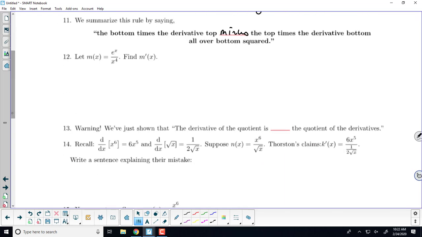All right, let's do this problem. Just like before, we've got an upper function and a lower function. We've got two functions in this expression. Let's call f of x e to the x, and we'll call g of x x to the fourth. So then our quotient rule says that m prime of x, the derivative of the quotient of these two functions, is the bottom function times the derivative of the top.